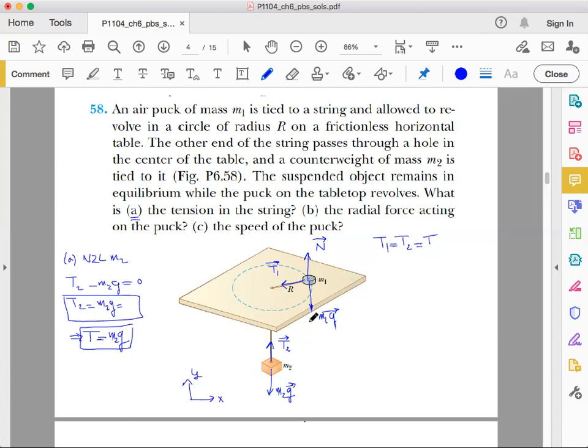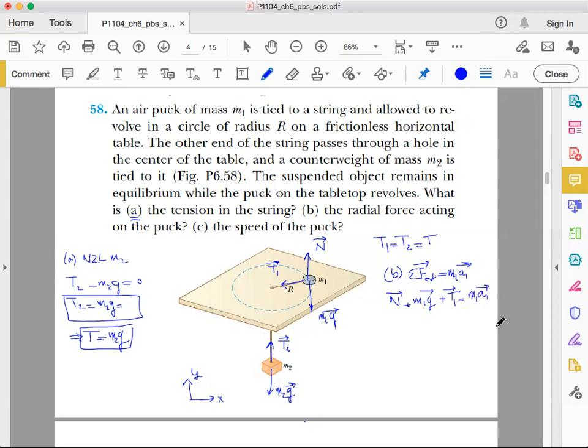So let's apply Newton's second law on this puck m1 and see what this radial force is. The sum of external forces, F net, is equal to m1 times a1. So we end up with N plus m1g plus T1 is equal to m1 a1.